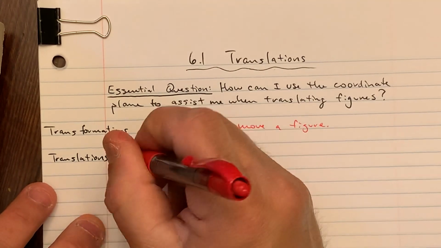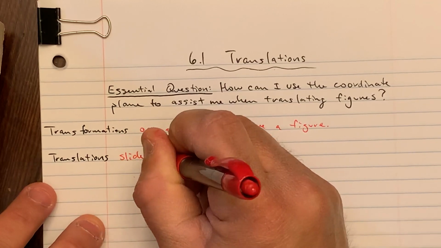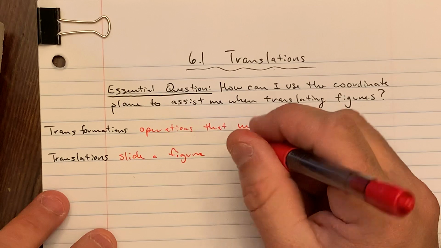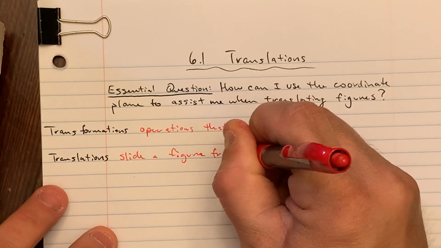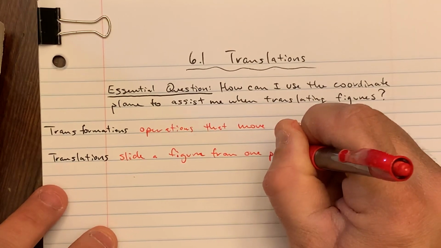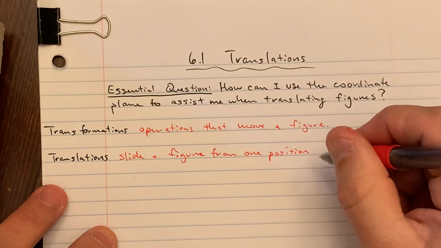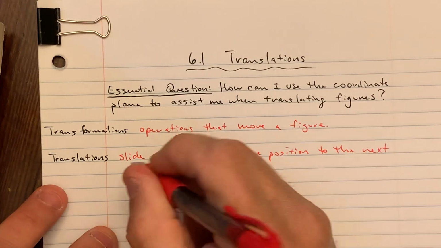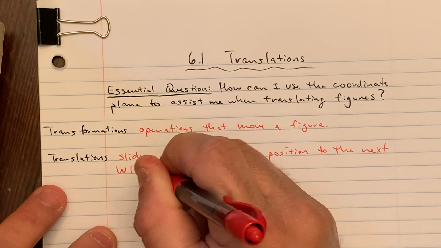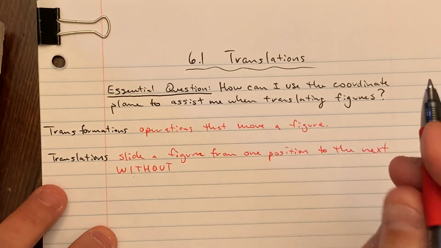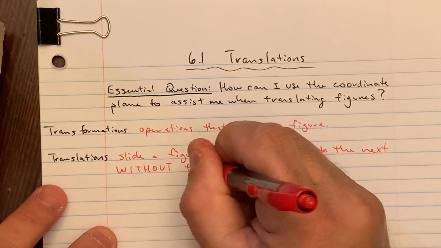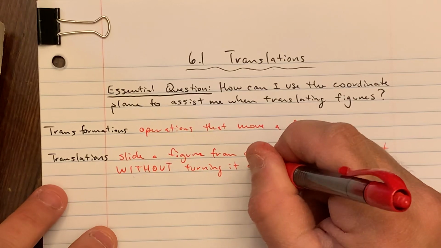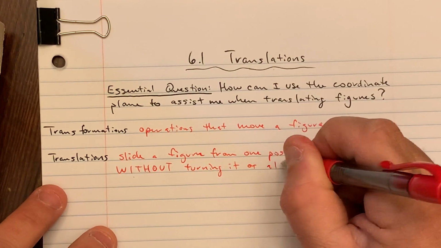This is where we're going to slide a figure from one position to the next without turning it or altering its shape.